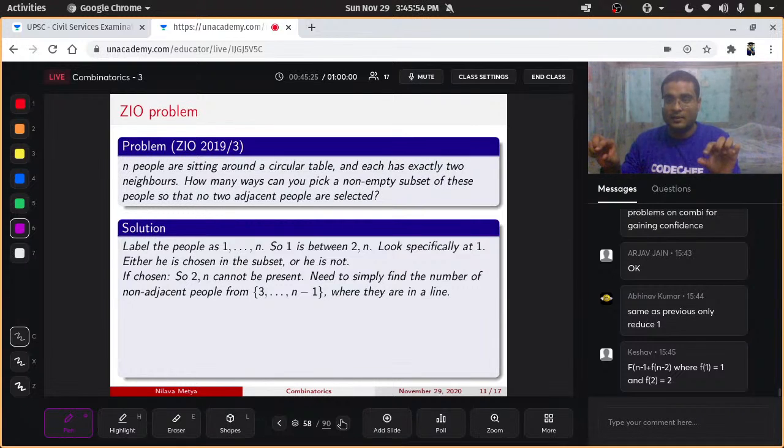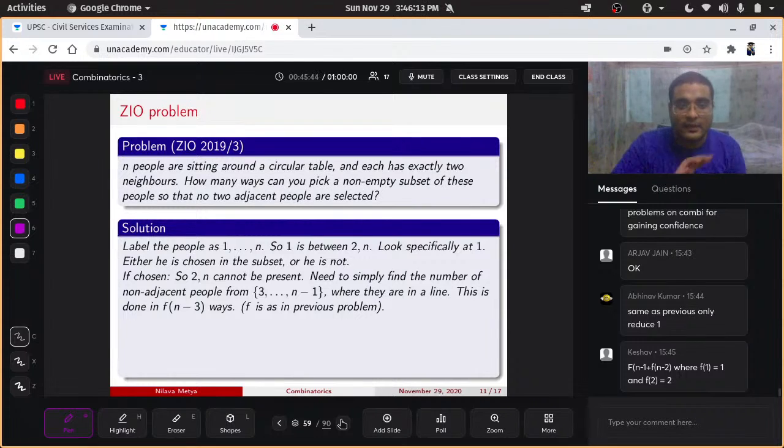So how many ways are there to choose? 1 is already chosen. How many ways are there to choose people from here? It's just the same as choosing from the set 3 to n minus 1. If you count how many elements are there in this set, it is exactly n minus 3 elements.